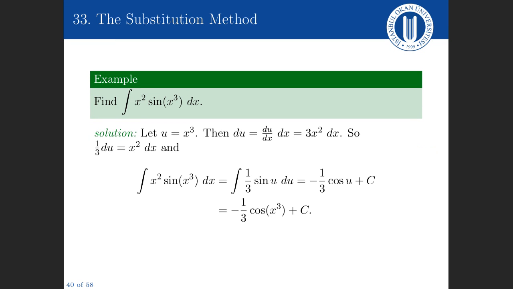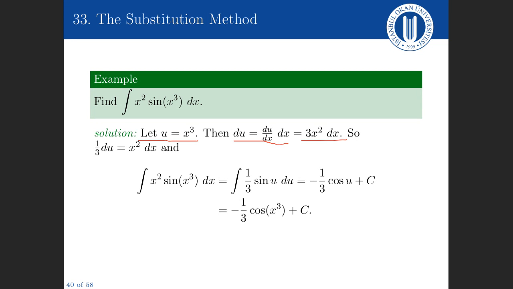Find the integral of x squared sine x cubed dx. Again, we start by choosing a u. So the first sentence of our answer is about u. Let u be equal to x cubed. Then du, which by this method is the same as du/dx dx, is equal to 3x squared dx.